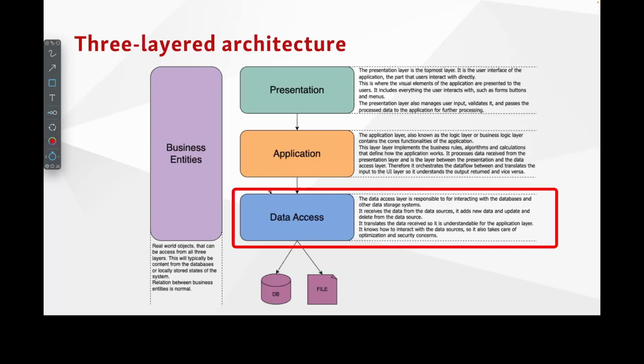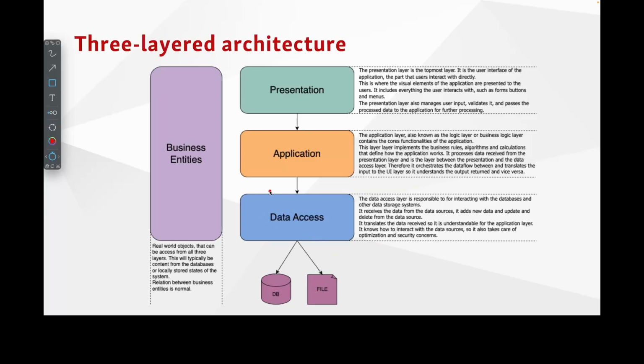So let's have a look at how the data travels between these three layers. As you can see, I have drawn an arrow that points from the presentation layer to the application layer. But I have also drawn another one that is pointing from the application layer down to the data access layer.